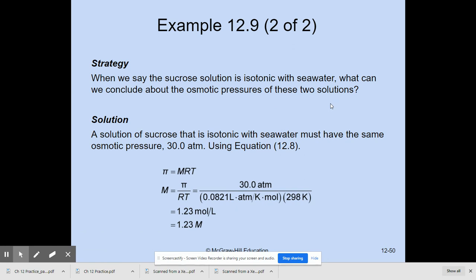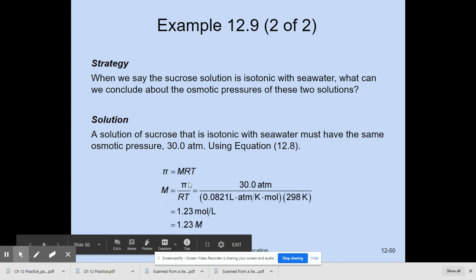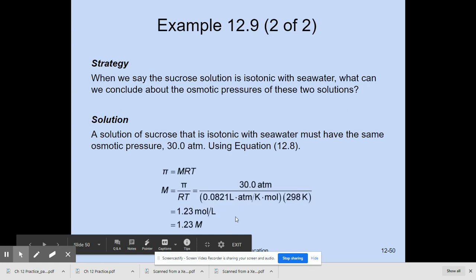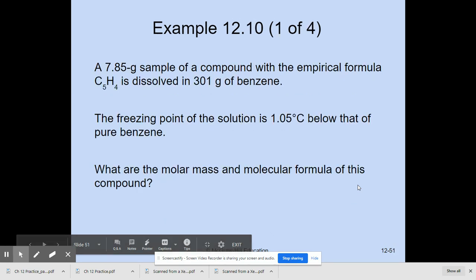Osmotic pressure is pi equals MRT. We can rearrange: M, our molarity, is pi over RT. We plug in the information they gave us, the osmotic pressure, 30, over RT, and we wind up with 1.23 moles per liter as our answer. That one's really simple, just rearranging that equation.